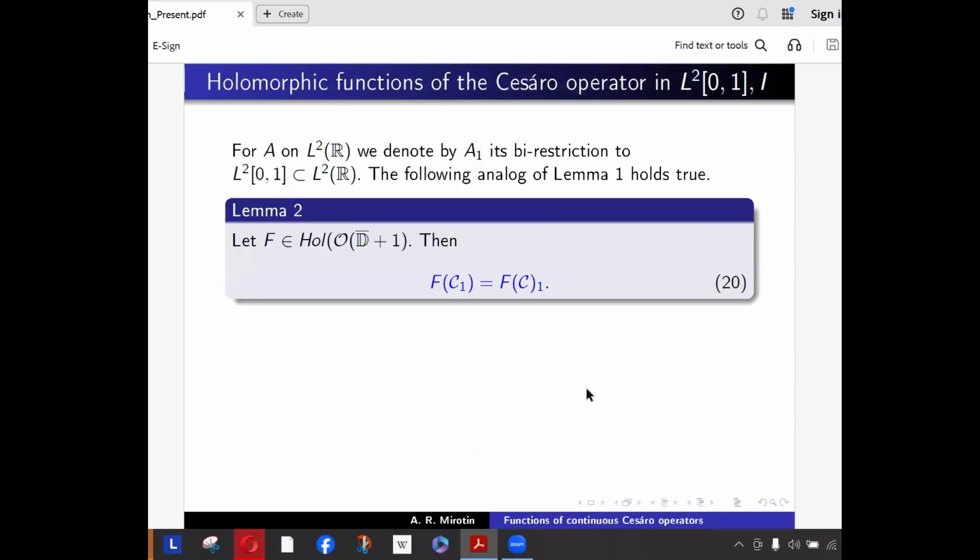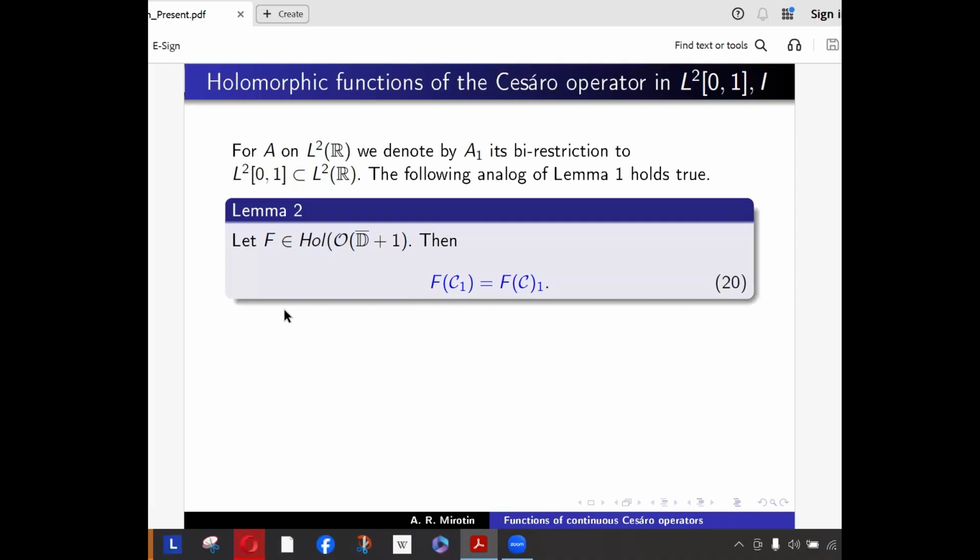And now let's consider the operator C1. Recall that C1 is the so-called B restriction of C to the interval 0, 1. This means that we consider our continuous Cesáro operator C only on the space L2 of 0, 1, and the argument also runs over the interval 0, 1.